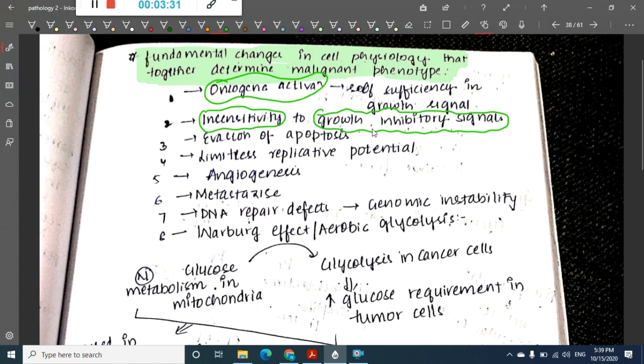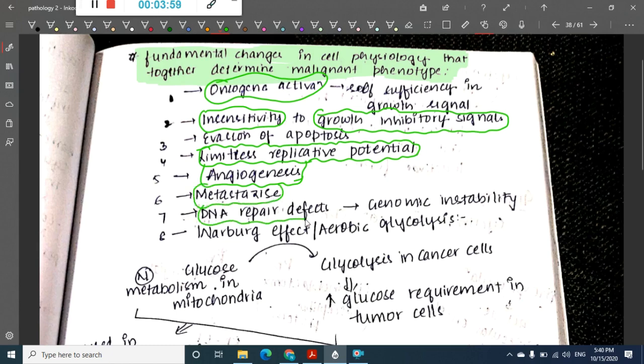Then there will be evasion of apoptosis, that is apoptosis will not occur properly. Then there will be limitless replicative potential, where the cells undergo replication for an unlimited time. Then it is associated with angiogenesis, and it is associated with metastasis also.